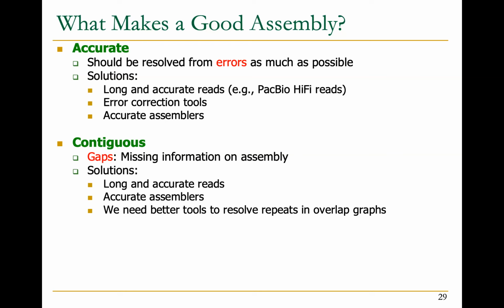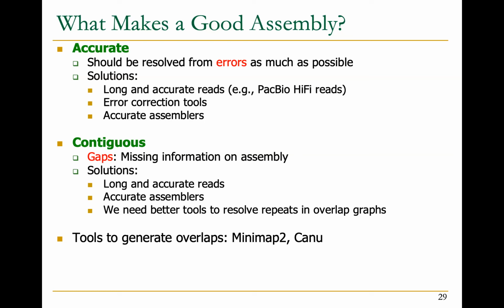The solutions, again, are long and very accurate reads and accurate assemblers. Further, we need better tools to resolve repeats in overlap graphs so that we can generate contiguous assemblies. When we pop the bubble, we won't have any gap. Rather, we will have full information in the graph without any gap, such that we can generate the assembly.